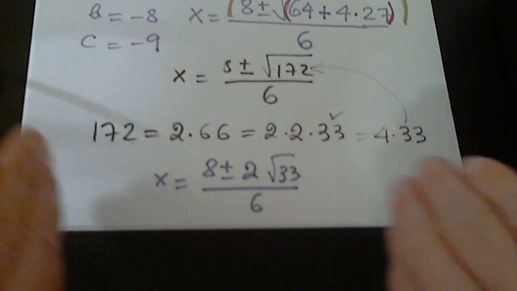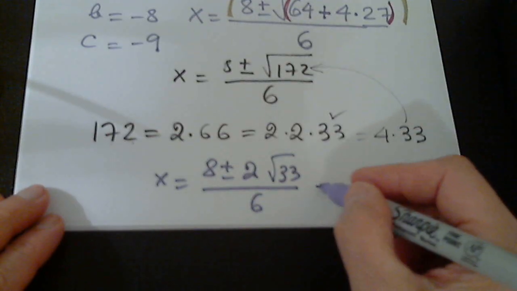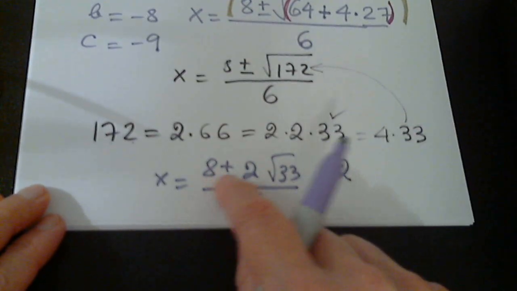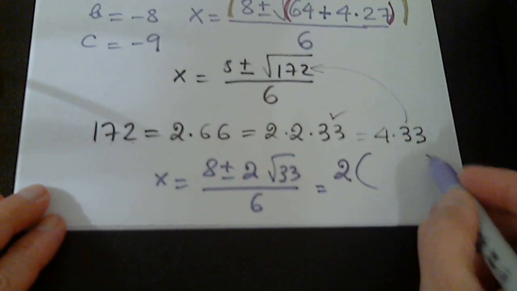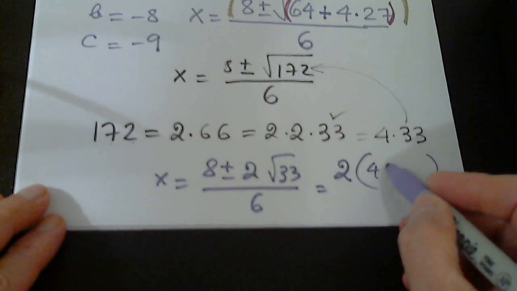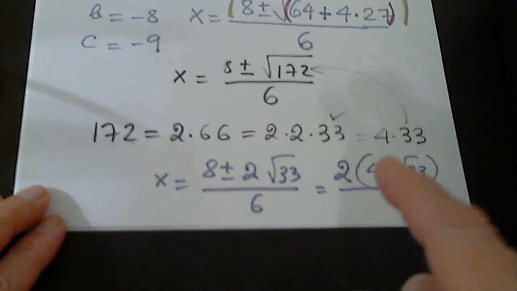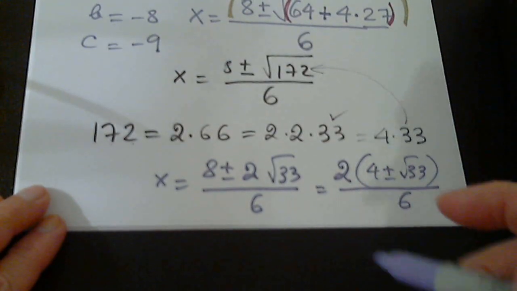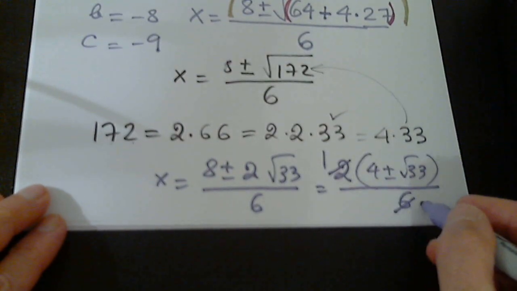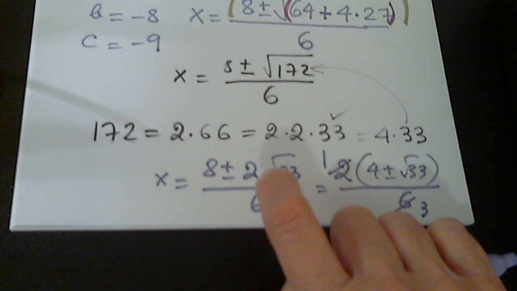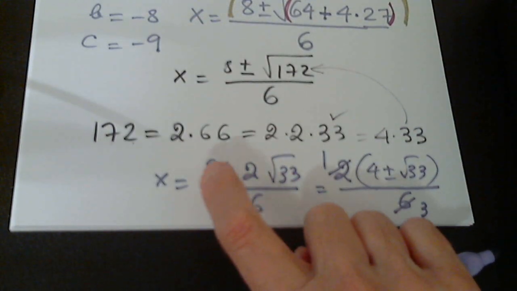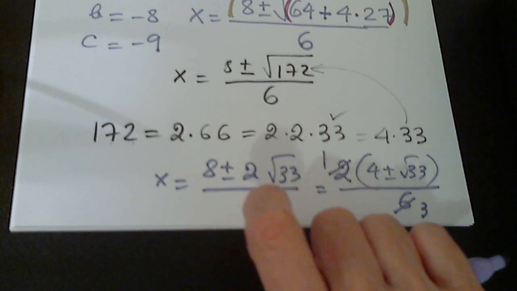You can separate it and simplify it, or you can factor out a 2, the greatest common factor: 4 plus or minus the square root of 33 divided by 6. Now this is a factor, this is a factor. Now you can simplify. But you cannot simplify 2 with 6 or 8 with 6.